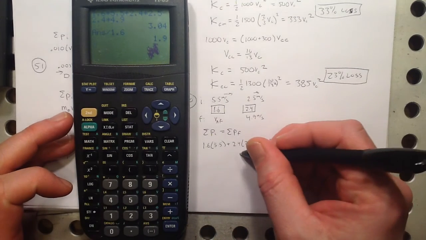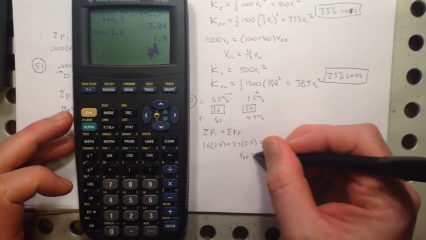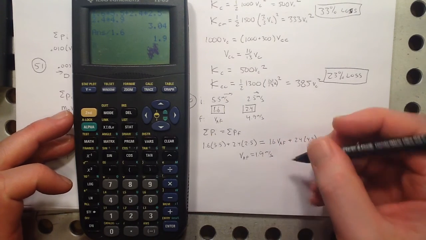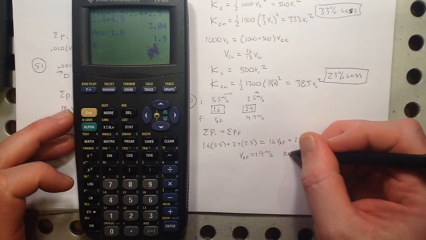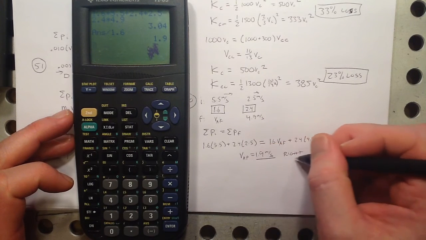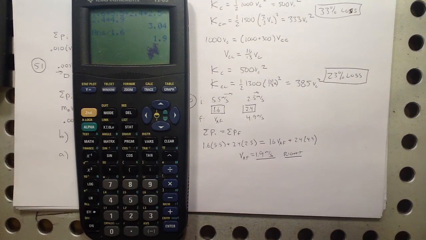So that's 1.9 meters per second. And that's in the same direction, right? It came up positive, so the same direction as all our other velocities. So speed 1.9 meters per second to the right. That's A and B there.